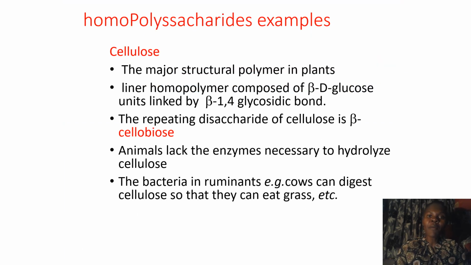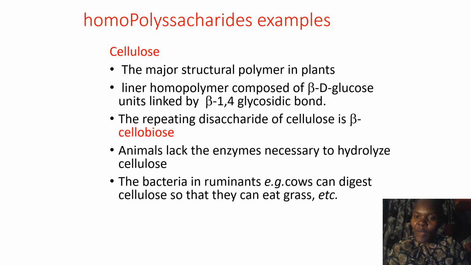Another type of homopolysaccharide is cellulose. Cellulose is found in plants, so it forms the major structural part of the plants. But now it is also linear, just as amylose. The difference is amylose was alpha D glucose, but now cellulose is beta D glucose, forming a beta 1,4 glycosidic bond.